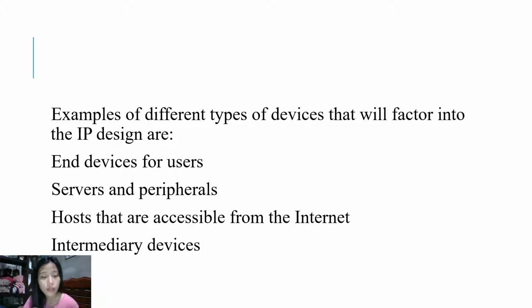There are different types of devices that will factor into the IP design. These are the end devices for users, servers and peripherals, hosts that are accessible from the internet, and intermediary devices.